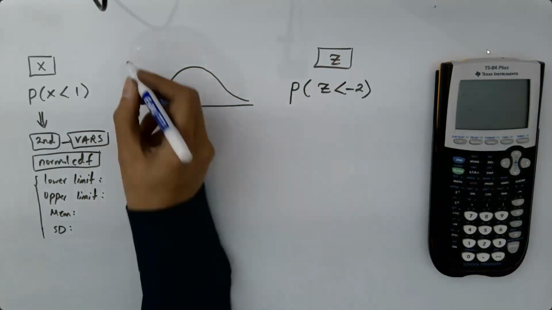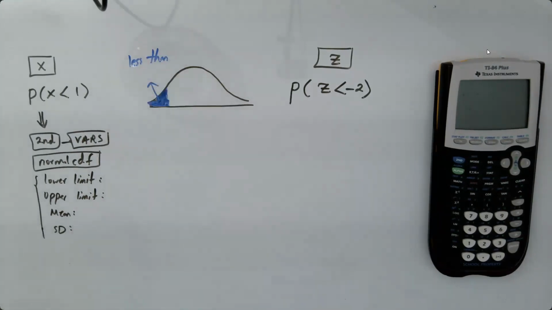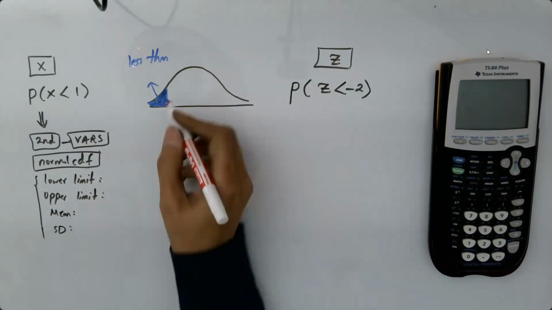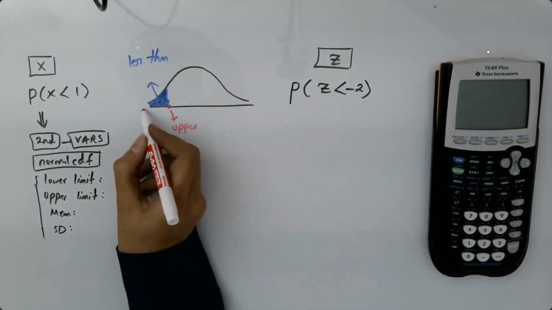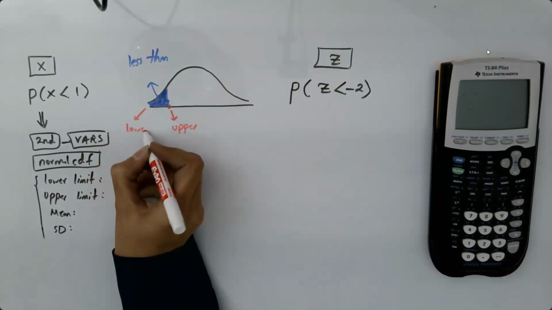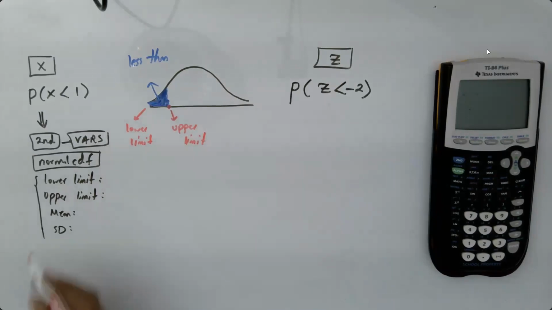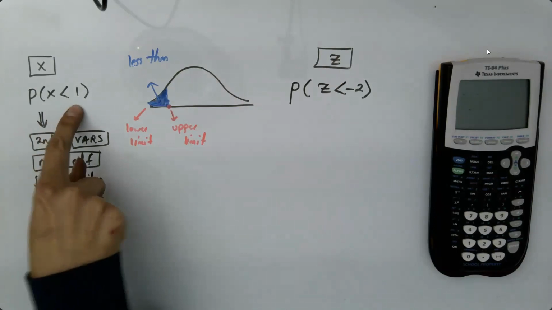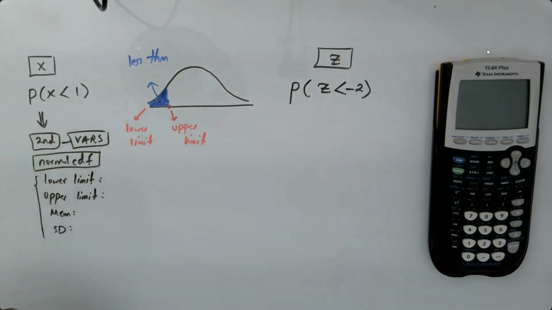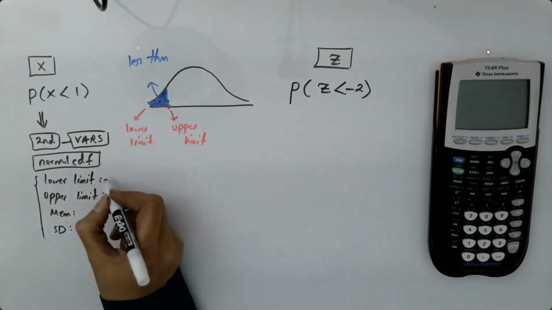So it's less than a value, either X or Z. This is your upper limit, and this is your lower limit. In this case, we have less than 1. So our upper limit is 1, and our lower limit is going to be a very small number, like -10.